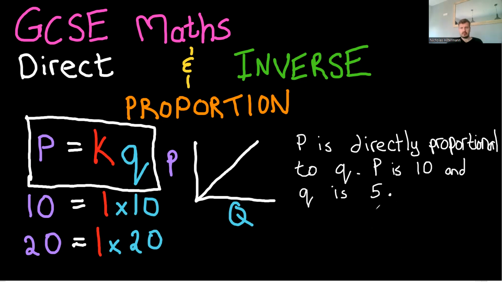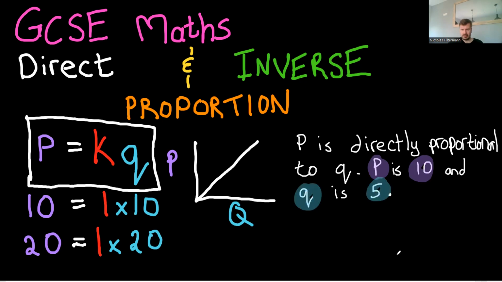So then would that make K 2? That's right. Yes. Good. You've already done it. Because our P would be the 10, and then the Q would be the 5.